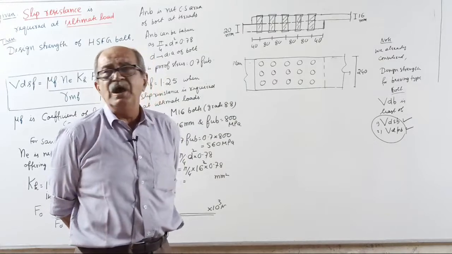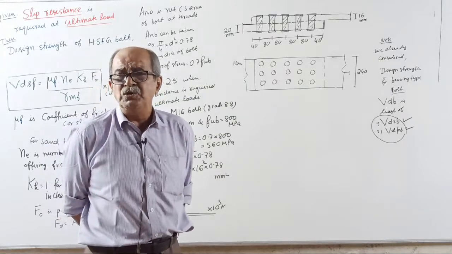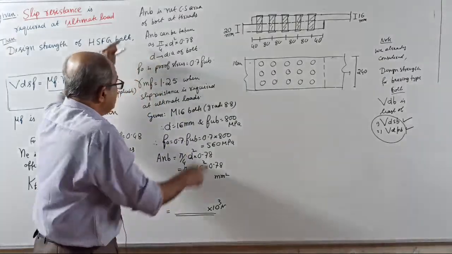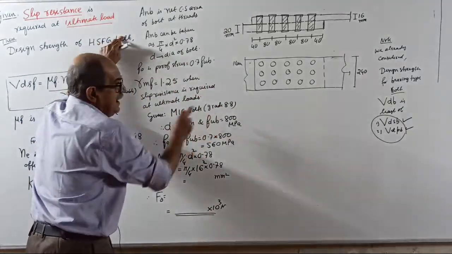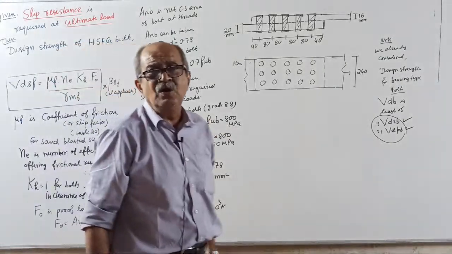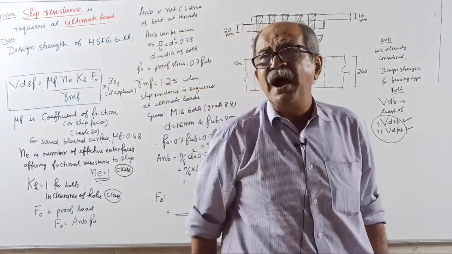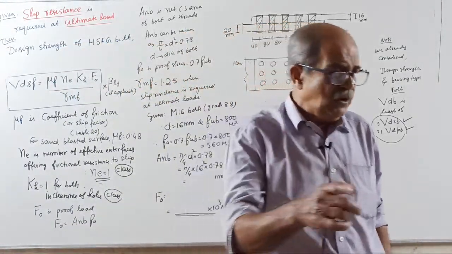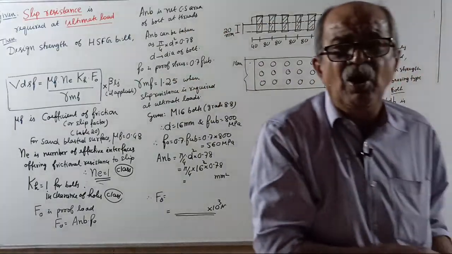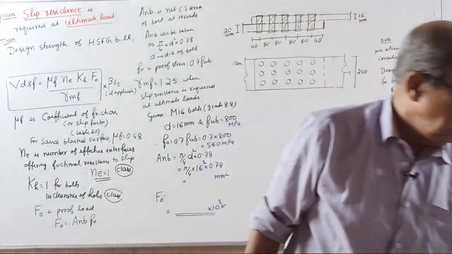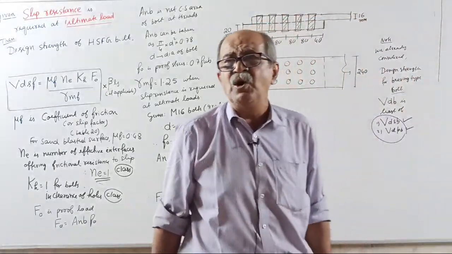But here we are using 8.8 minimum, usually. For 8.8 grade, I already told you earlier, FUB equal to 800. Remember it? You should make a note. Therefore, high strength bolts are used.